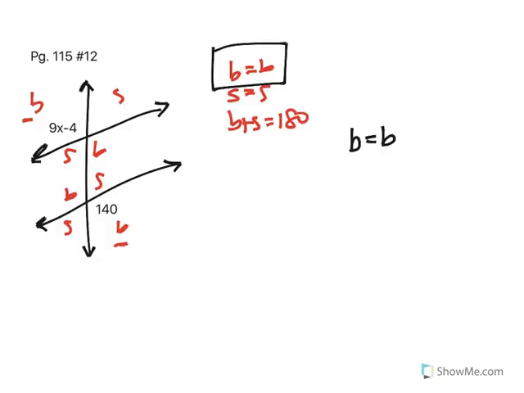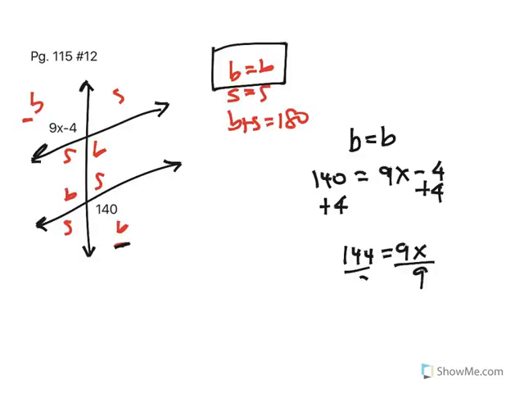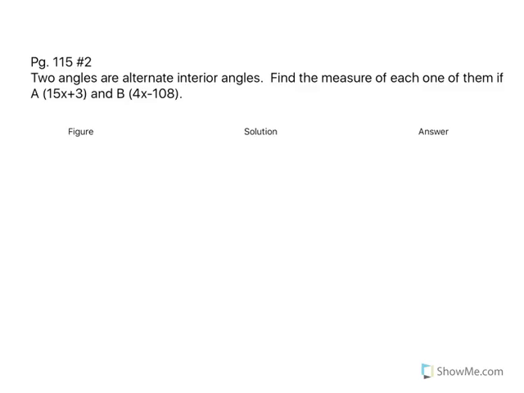So given that equation, I know that the measure of this big angle over here is 140, and the measure of this big angle over here is 9x minus 4. So I'm just going to do a simple solve equations, and I'm going to get x equals 16. Okay? Let's do one more quick problem.